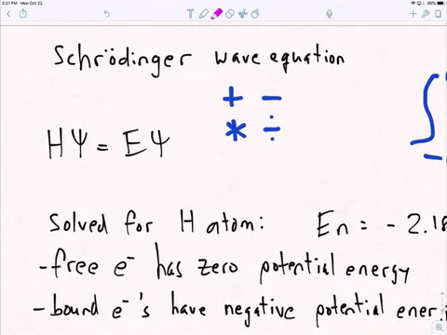The Schrodinger wave equation is H psi equals E psi: the Hamiltonian operator acting on the wave function shoots out the energy levels and then the wave function again. The Hamiltonian is an operator. What the Hamiltonian is, is the kinetic and potential energy of the electron. And an operator is like plus, minus, multiplication, division.